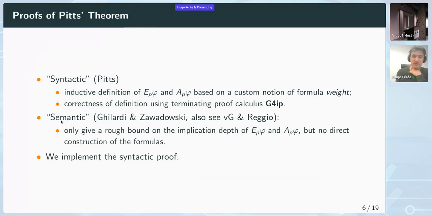There are a few semantic proofs around, but the downside is that they are not very constructive. They don't really build the formulas directly, and you can't even deduce a bound on the size of those formulas, which can be quite large. So we chose to go on the constructive side and to implement the syntactic proof.